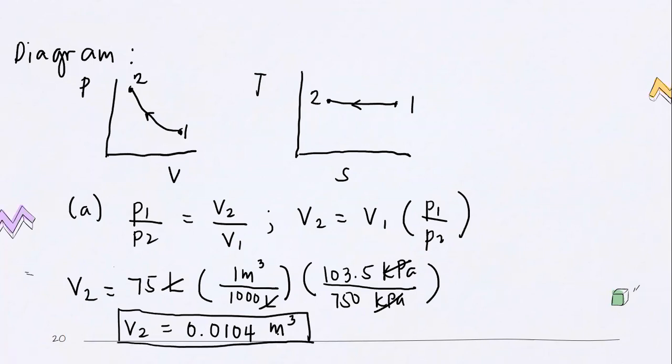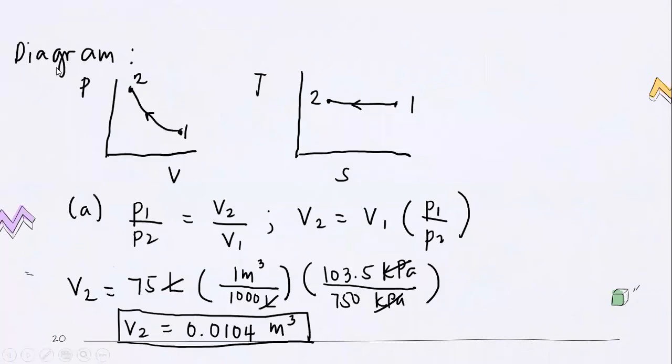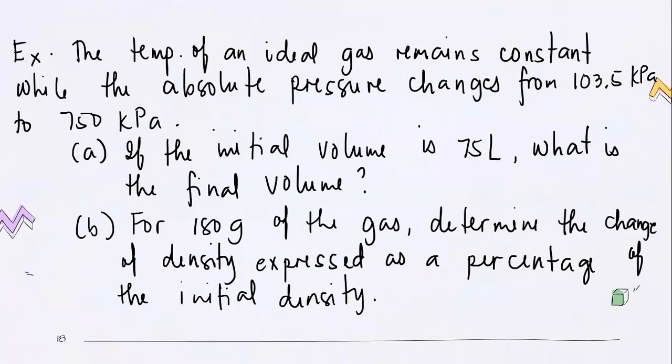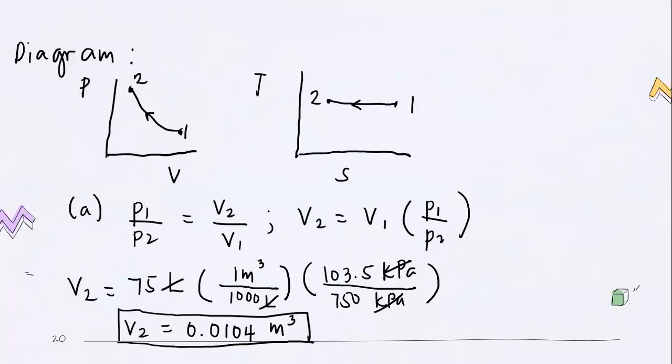Letter B. For letter B, determine the change of density. And therefore, change of density expressed as a percentage of the initial density is change in density over rho 1, which is equal to rho 2 minus rho 1 over rho 1.